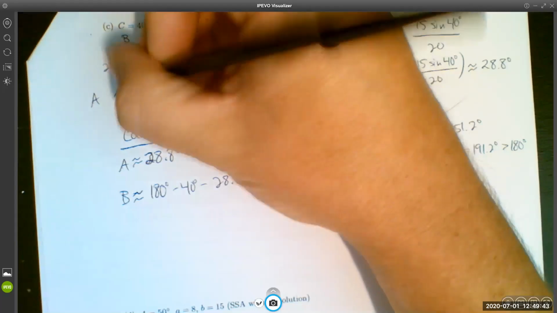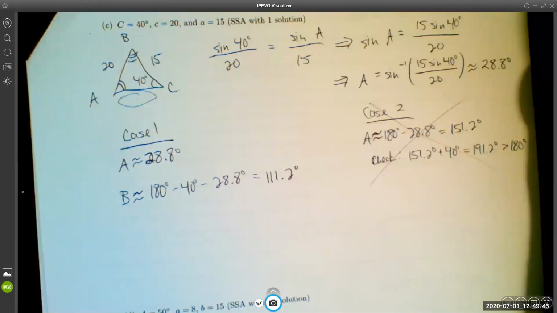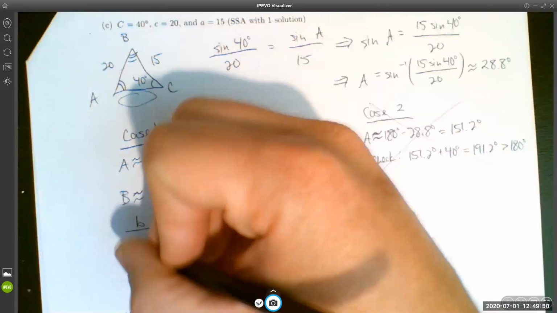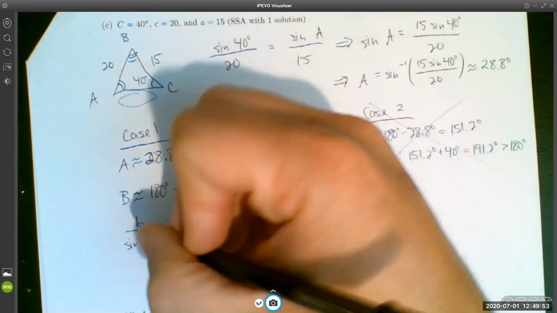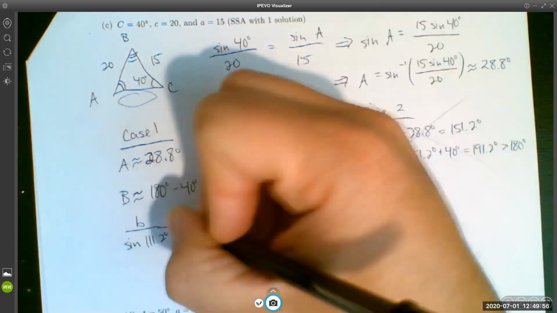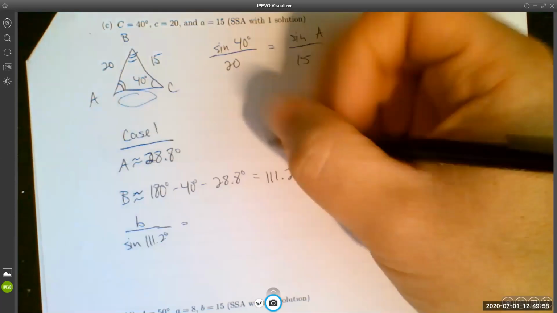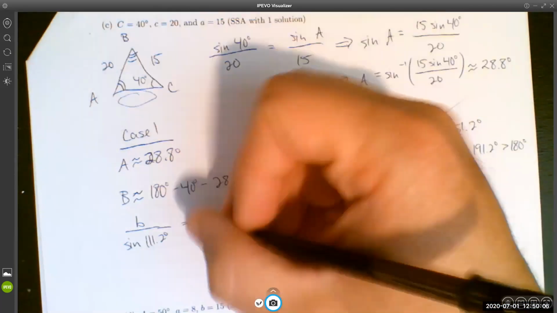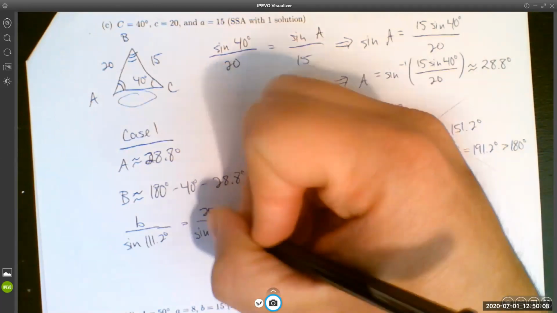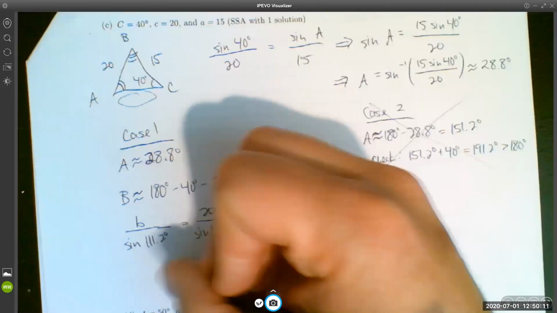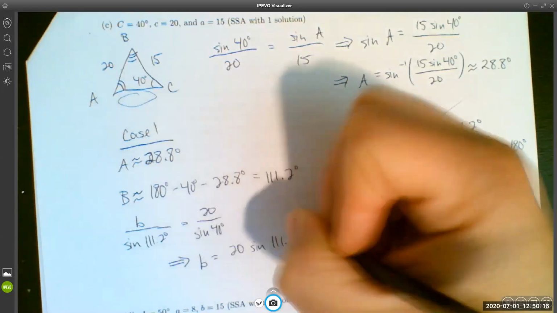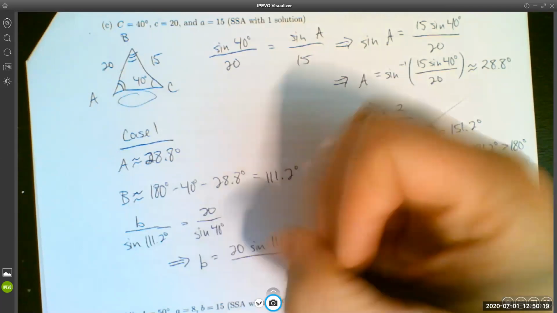And now the only thing I have left to find is side B. So I'm going to say B over sine B equals, well, let's use C over sine C. So C over sine C. That's going to mean that B is equal to 20 sine 111.2 degrees divided by sine 40 degrees.